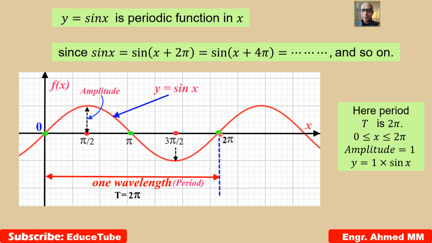That's why from here to here we call it one wavelength, because the repeat starts from here for the next wavelength. And the range of x is greater than or equal to 0 and less than or equal to 2 pi, I mean from here to here.